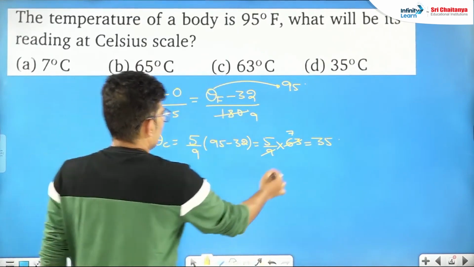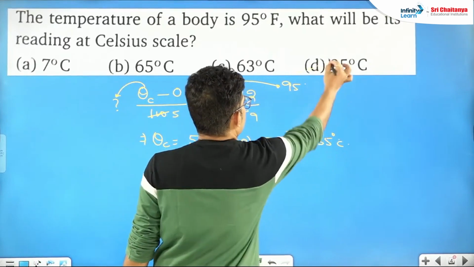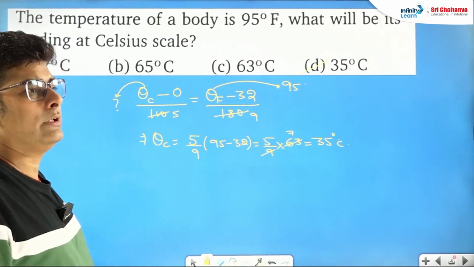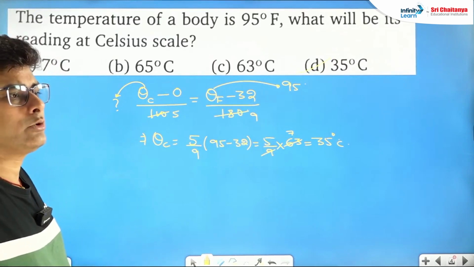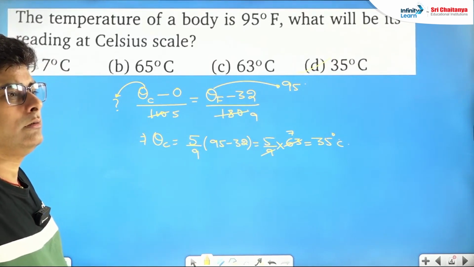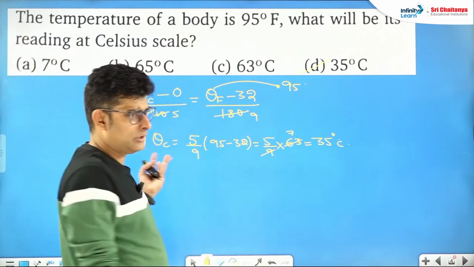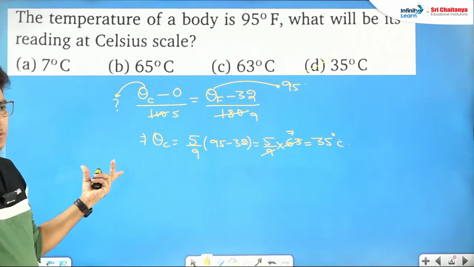So 35 degree Celsius, that is the fourth option. Yes, correct. Okay, correct. So 35 degree Celsius. Understood this? Clear to all of you?